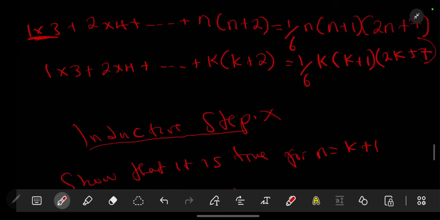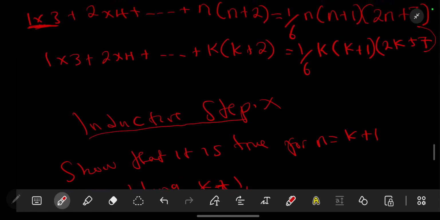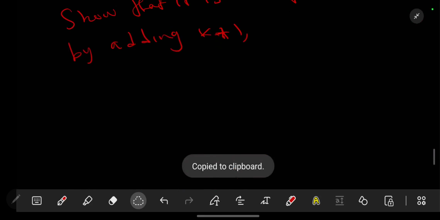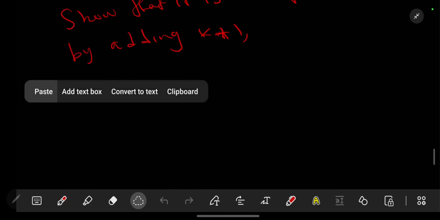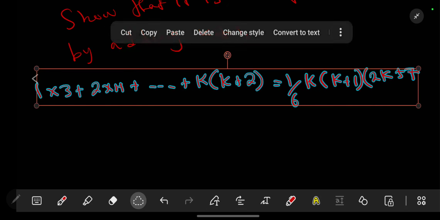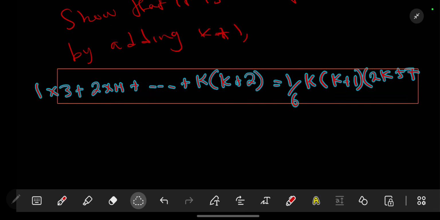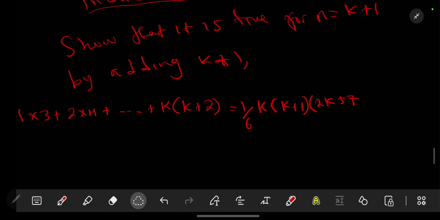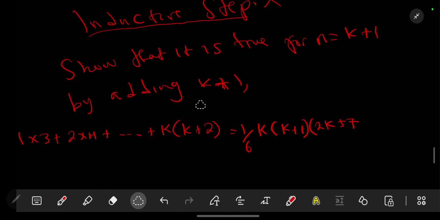So this means we are going to have the same exact equation. So this same equation that we have here, then what we are going to do is that the next step is we are going to add this.